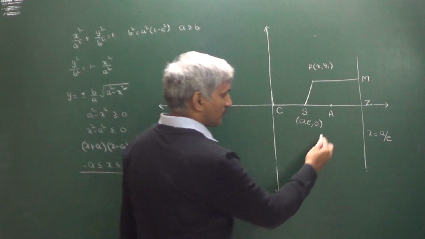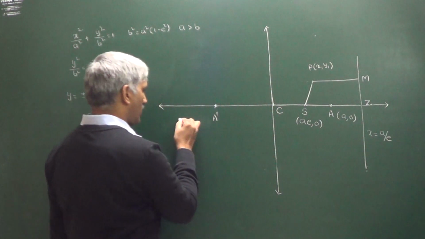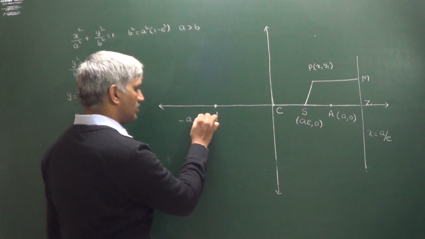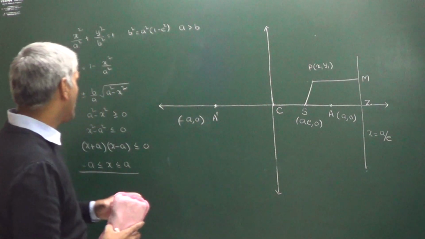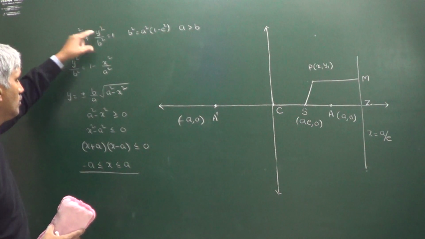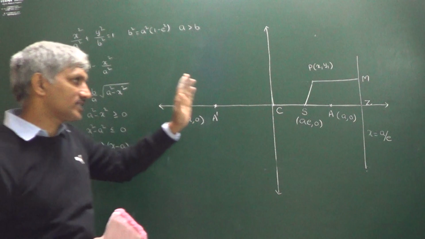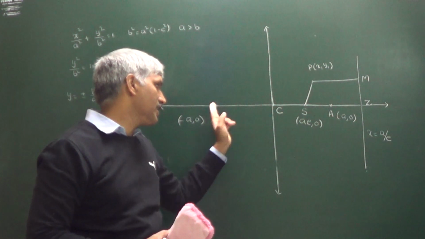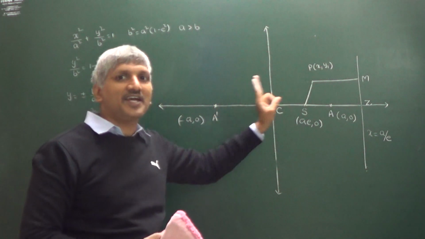No doubt, this particular point we know a comma 0, and this particular point we know minus a comma 0. So that's why the graph meets the x-axis, because y is 0 when x is equal to plus or minus a. Graph meets the x-axis at A and A dash, and at the same time the graph lies between minus a and plus a only.